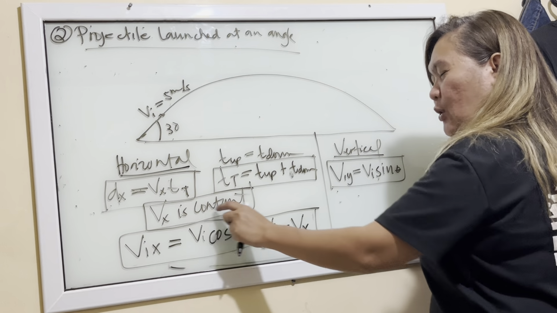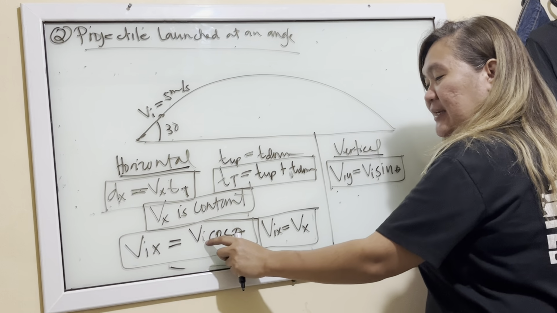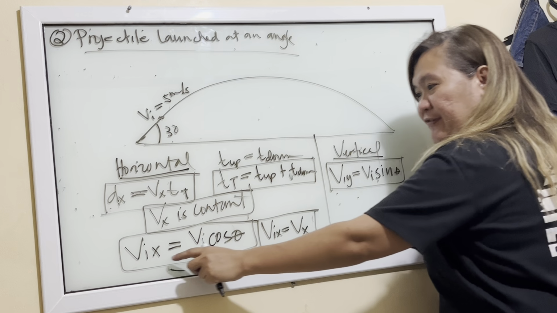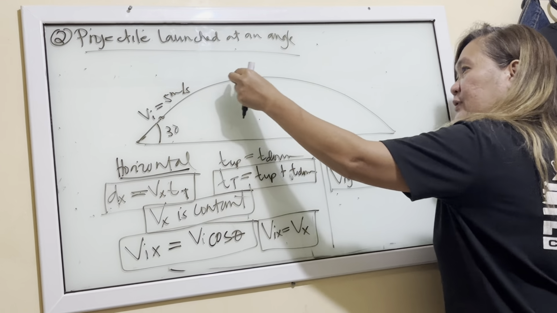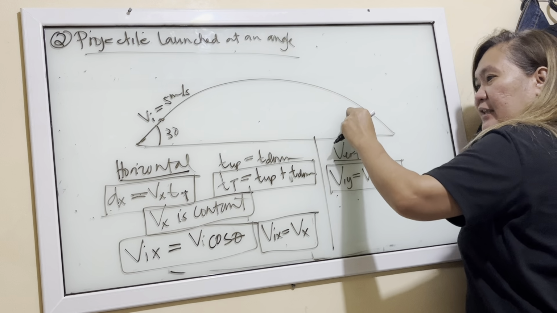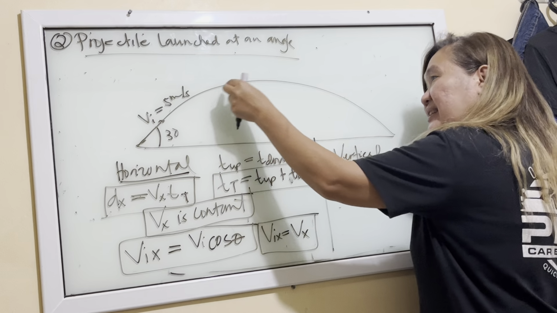So, Vx is constant. Therefore, V sub Ix is equal to V sub I cosine theta. And this V sub Ix is equal to your Vx.